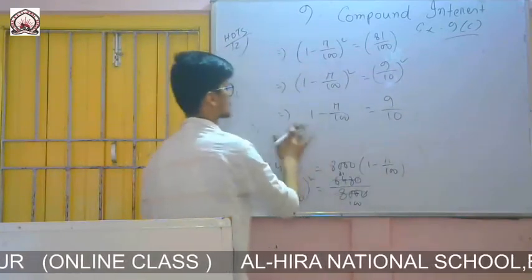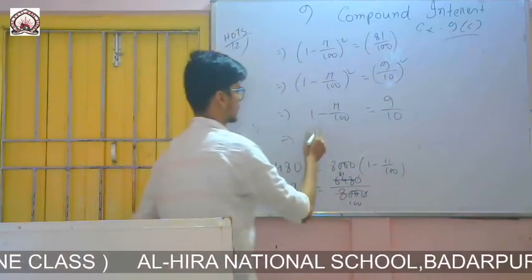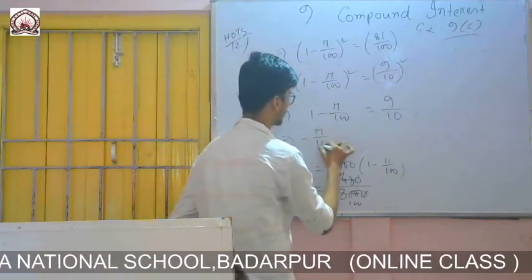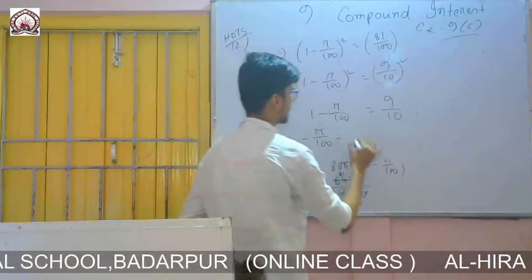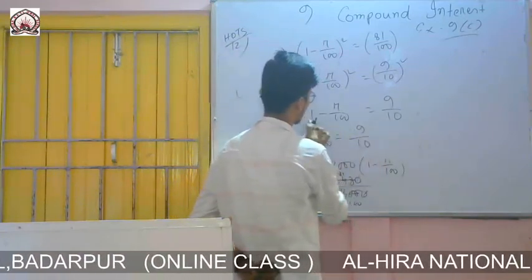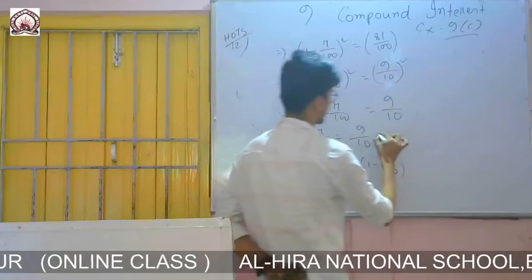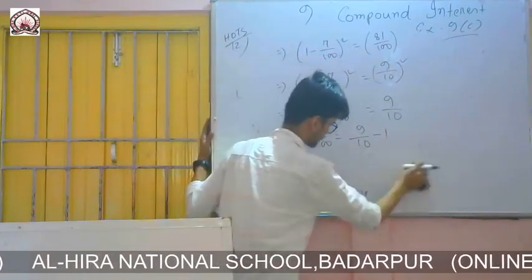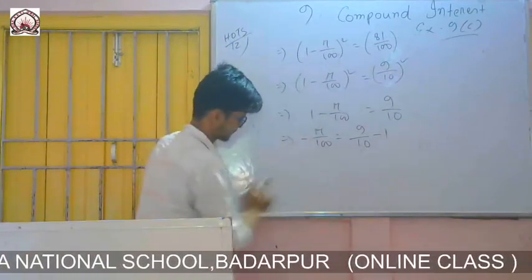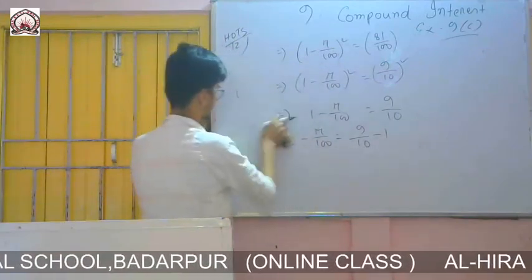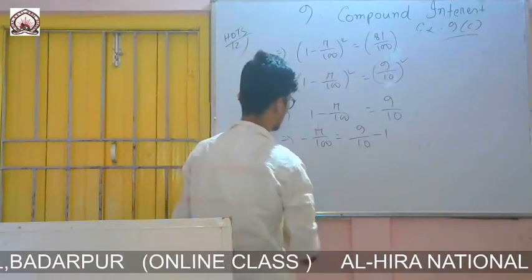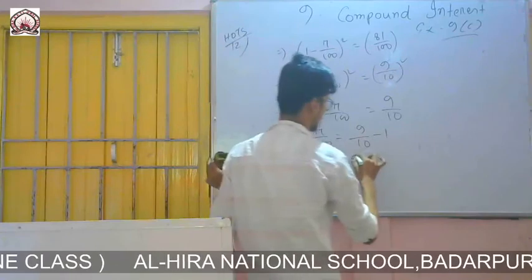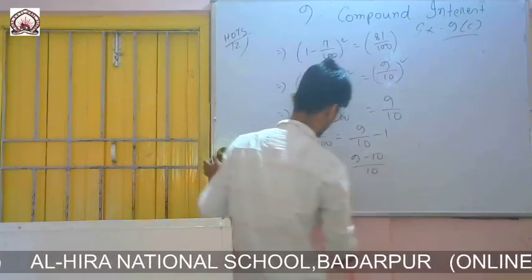So the square sign is removed. Now you see here it is minus R by 100, and there it is 9 by 10. If I change this one, it is plus 1. If I change this one to that side, it will be minus 1. Implies minus R by 100 equals 9 minus 10 by 10.